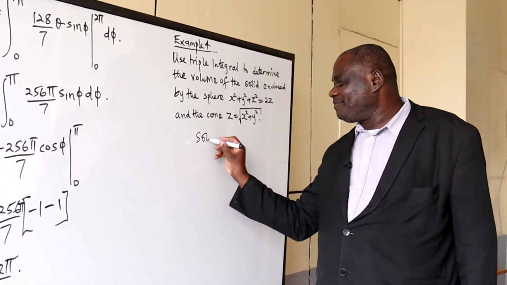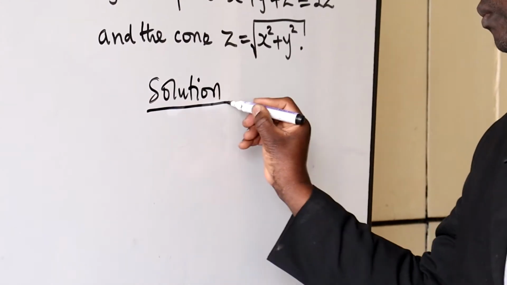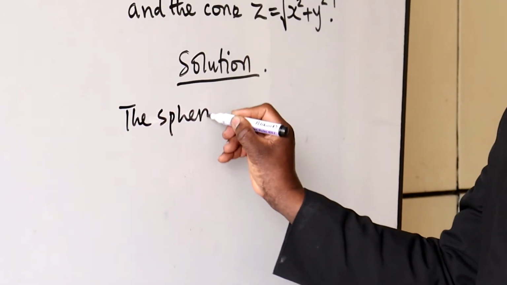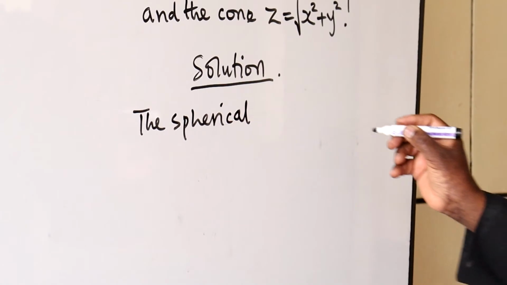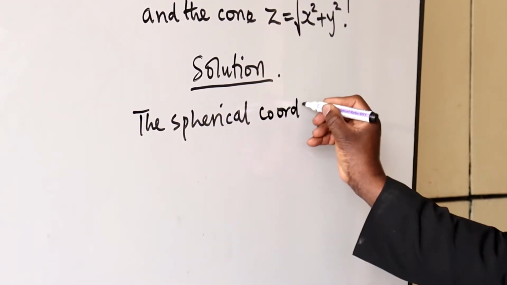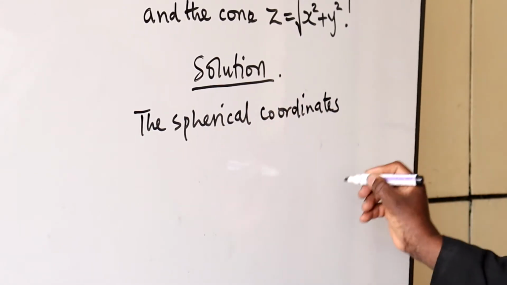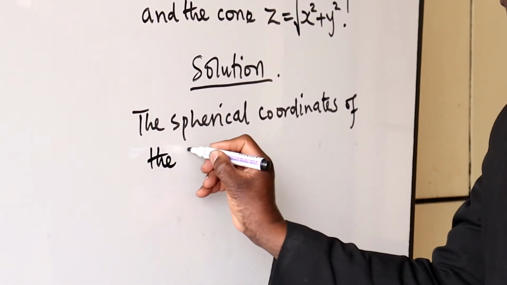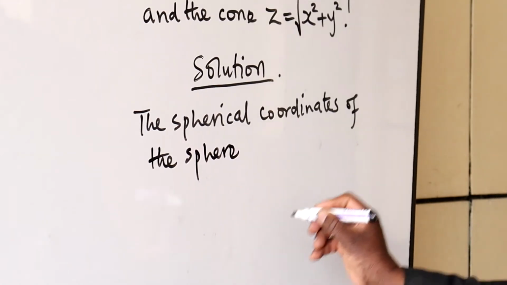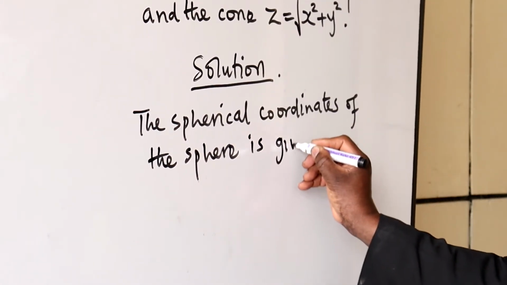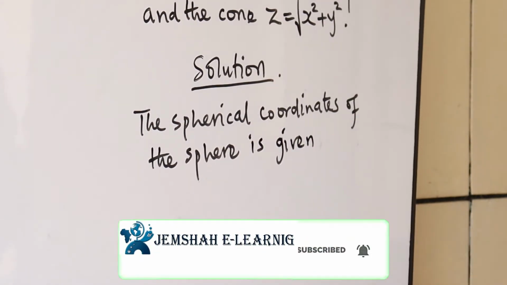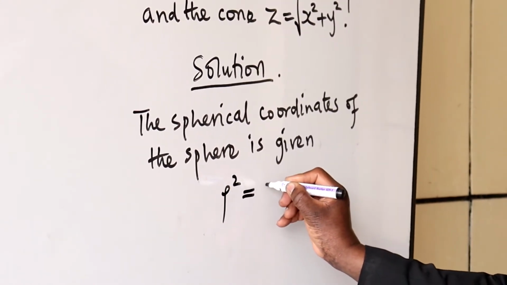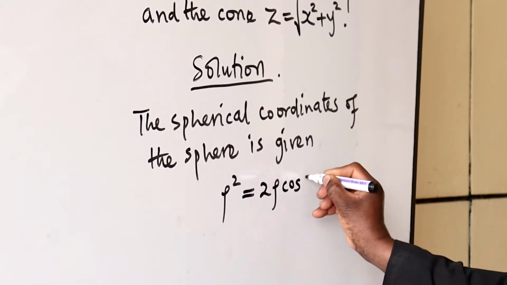So in our solution, the spherical coordinates of the sphere is given by rho squared being equal to 2 rho cos phi.